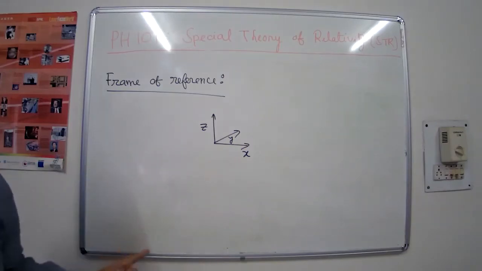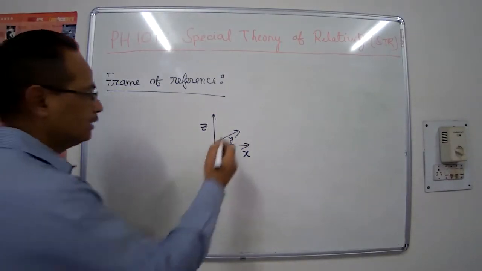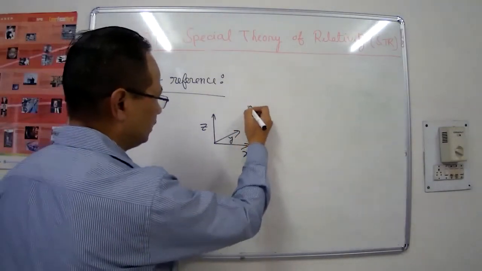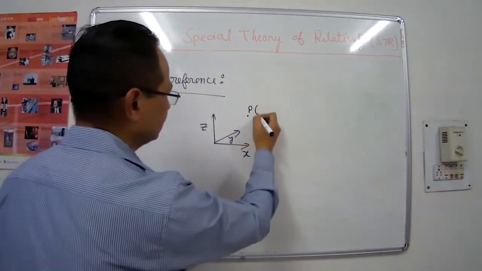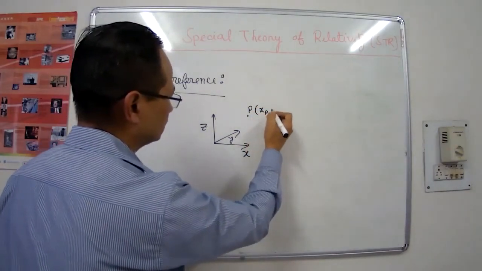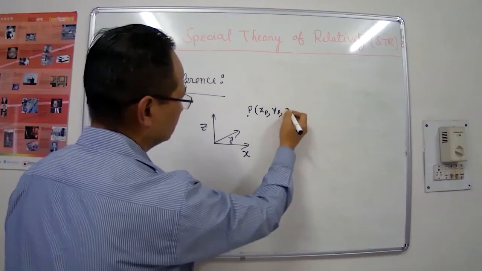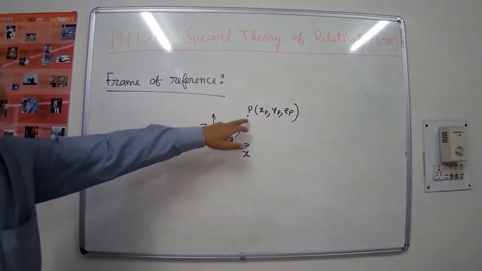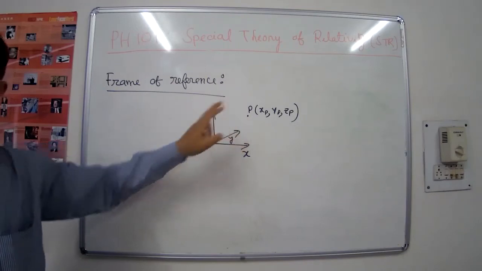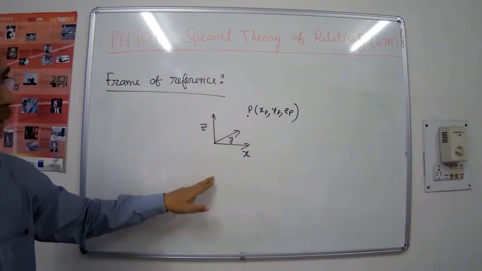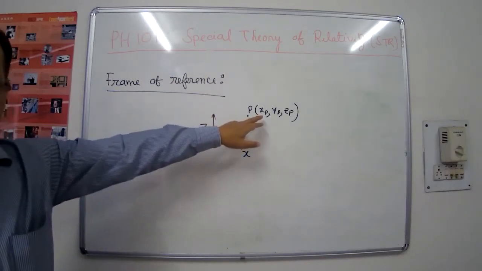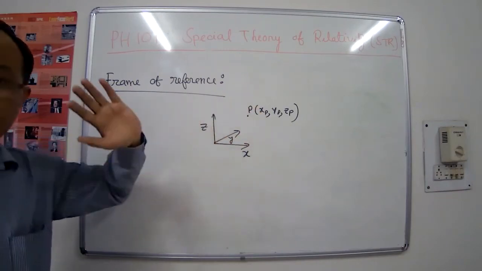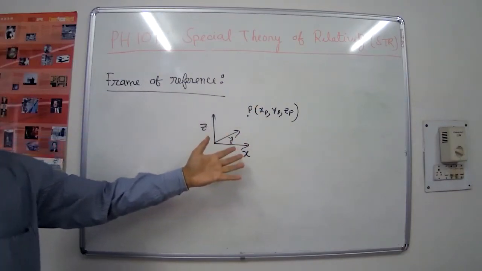Now, once I have a coordinate system, if there is a body at a location P, I can say that the coordinate of this body is xp, yp, zp. So I can define the location of the body by using the coordinate system, and I can also define the velocity of the body.